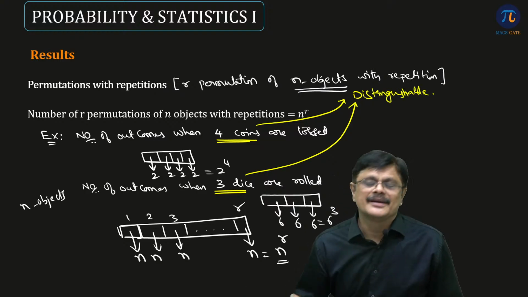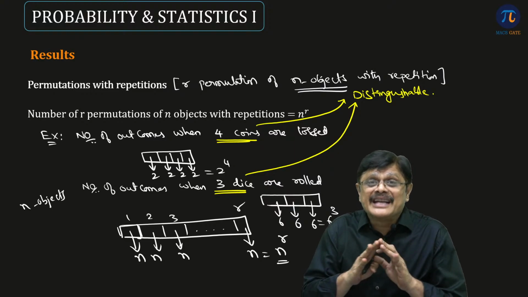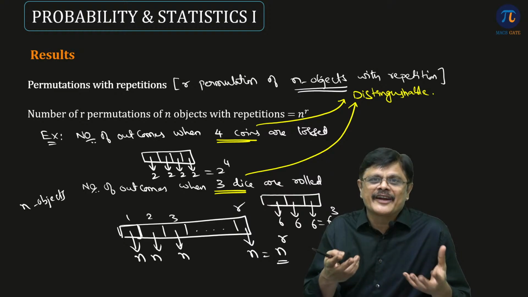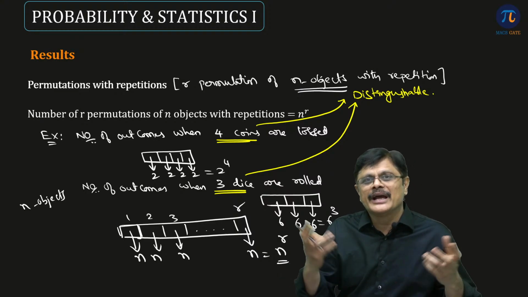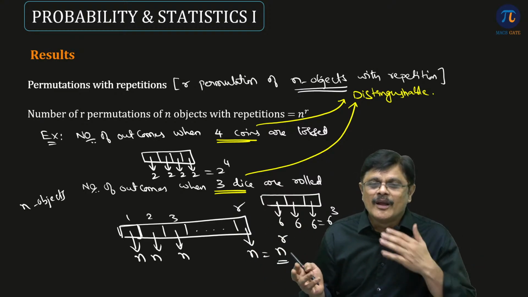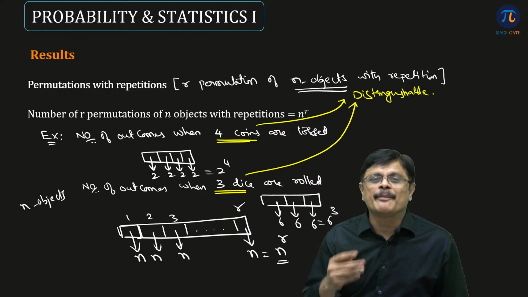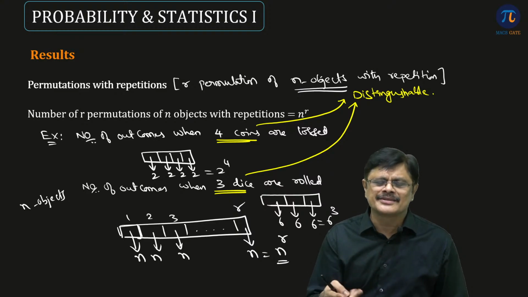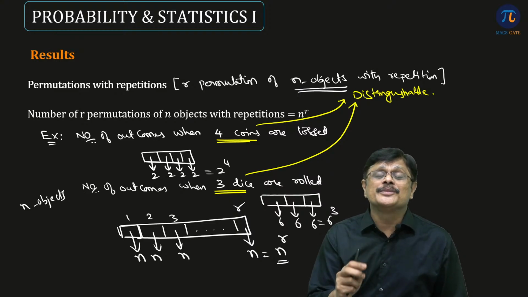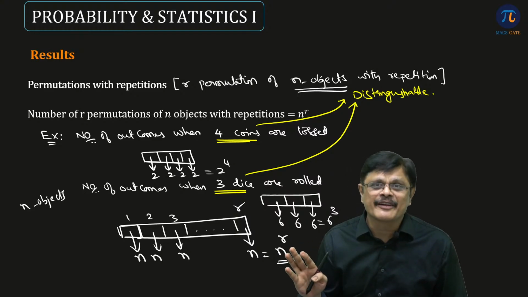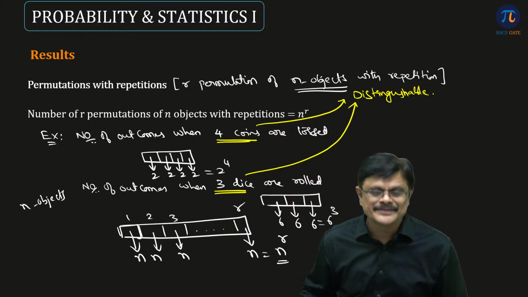Like dice, there may be 3 different color dice, red die, blue die, yellow die. If it is not mentioned, by default, we assume that the coins or the dice are distinguishable, different, distinct. That is the point to be noted. Am I clear?